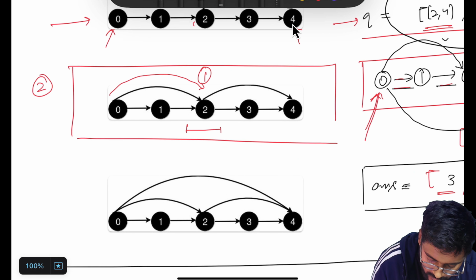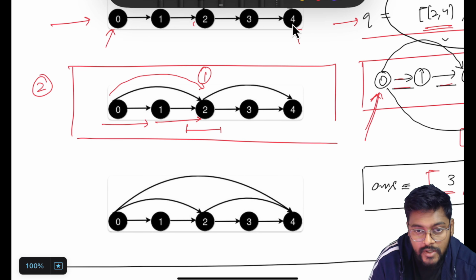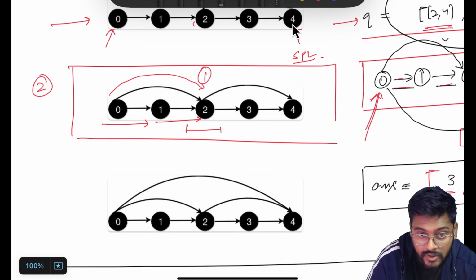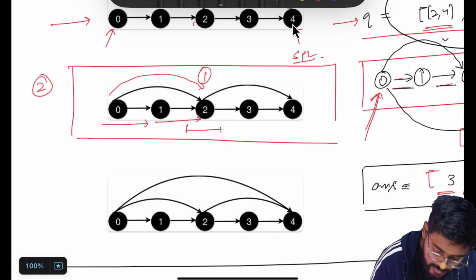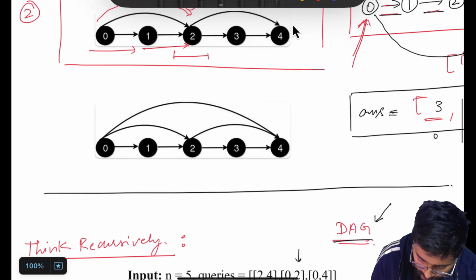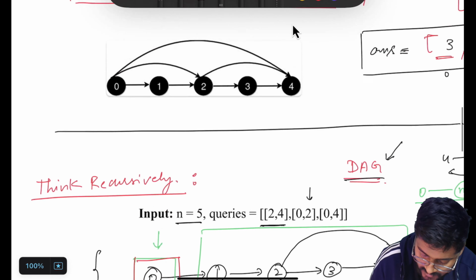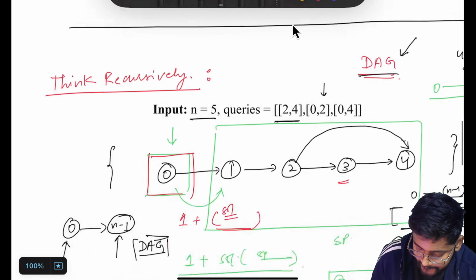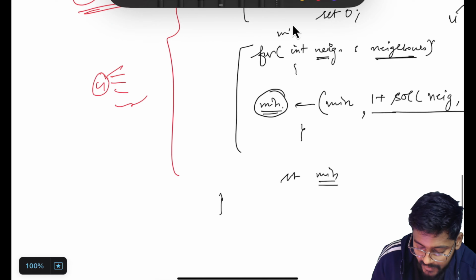But when I am coming from this path, 0 to 1, 1 to 2, in this case I will also ask 2 what is the shortest path length from city 2. So in that case 2 will again calculate the same subproblem and give me the result. So here the solution call from 2 to n is getting overlapped. It means there are overlapping subproblems.